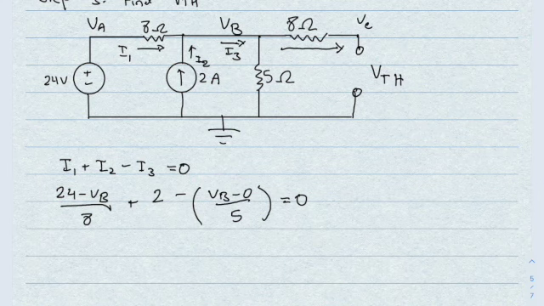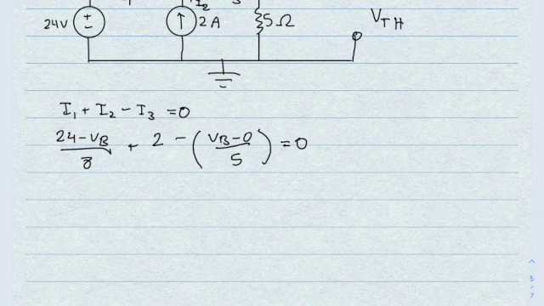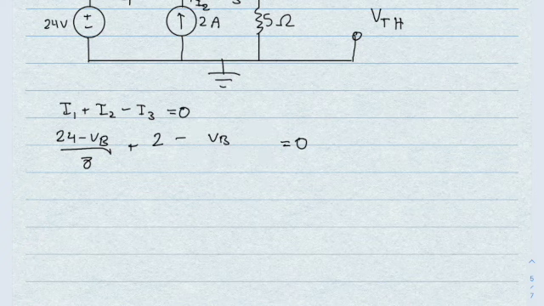Basically minus VB over 5. So we could just clean this up a little bit. Minus 0. Right, okay. Now we just have one variable to solve for.